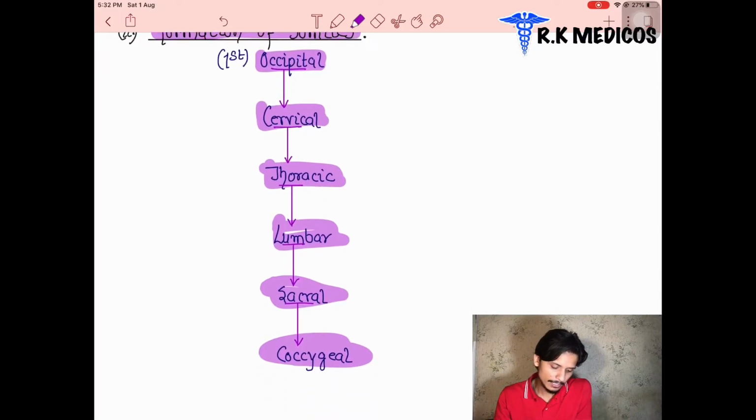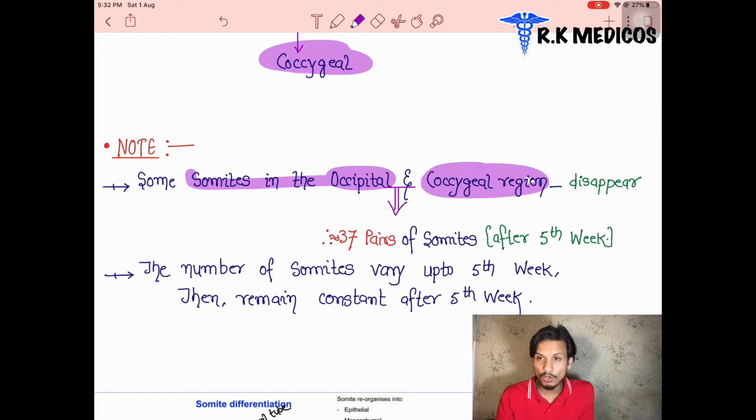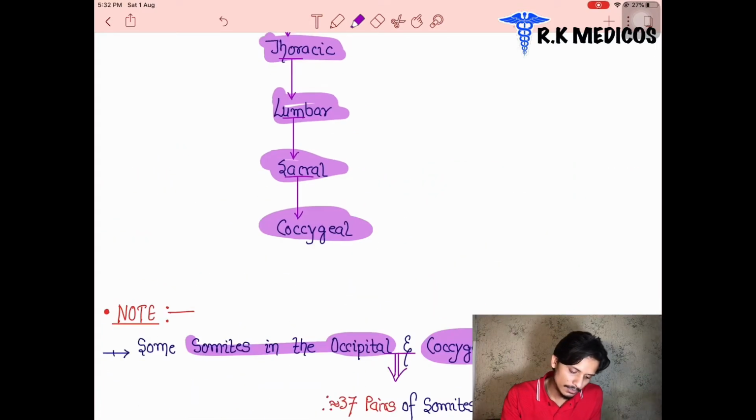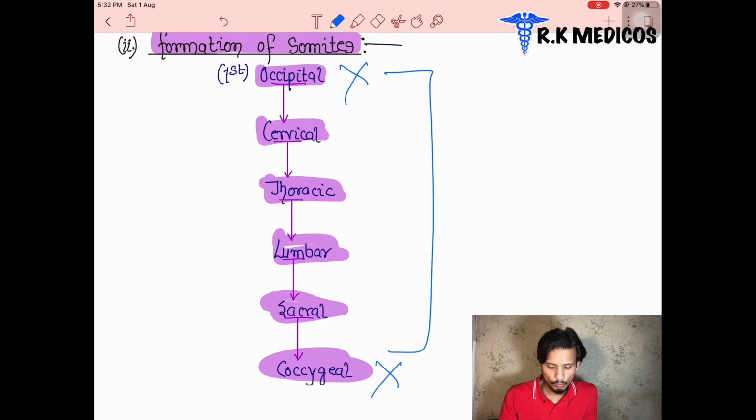Now we see that some somites in the occipital region and the coccygeal region are going to disappear. Only in the occipital region and in the coccygeal region, all others are the same.